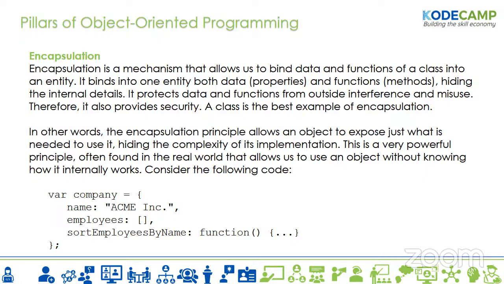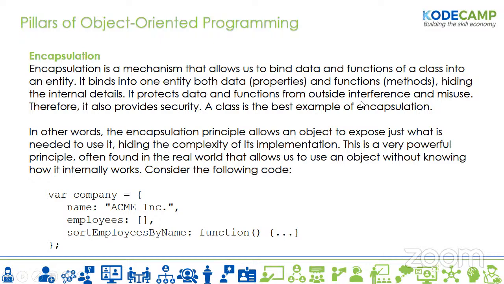So basically what they have done there is they have bound the data and the functions that you need to make it work, and they have only exposed the part that you want to use, which is the createServer method. So in encapsulation, you are hiding the complexity of the implementation, and you're also exposing just what you need.